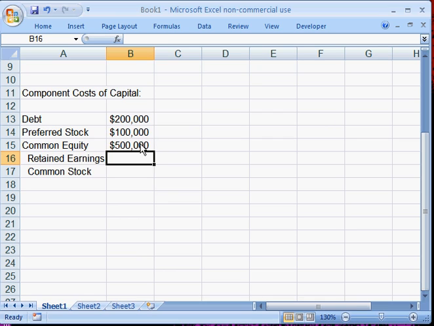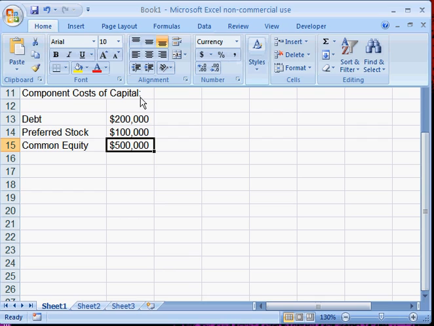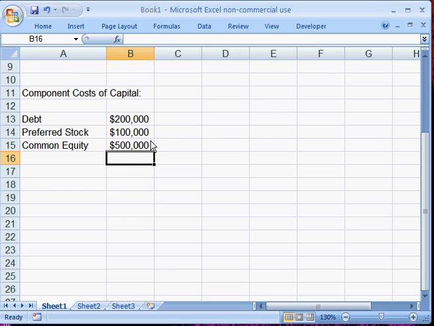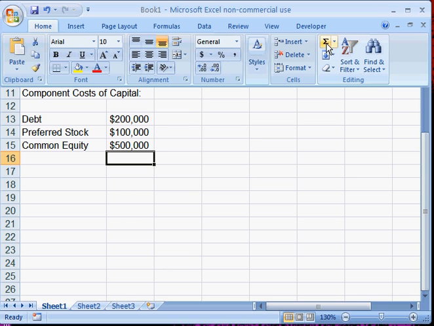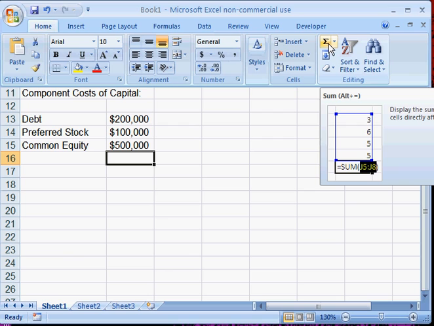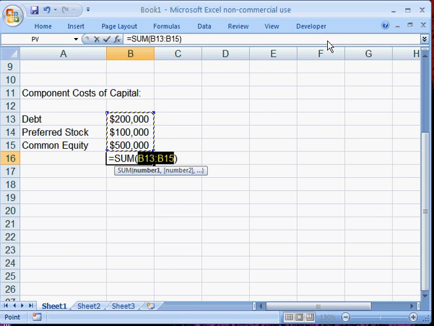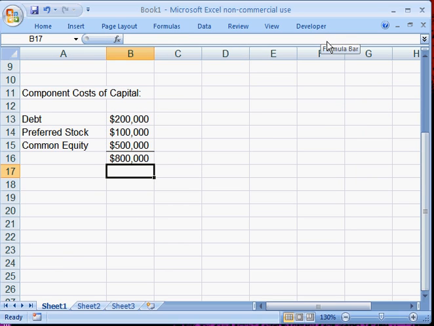First thing I'm going to do, if I go to my home page, is use an underline, and then I'm going to come down here to get the total from the summation mark, which is to your far right side. And it's going to add them up, and it says that we have $800,000 in total. The next thing I want to know is what percentage each of the different components makes up of our total capital.